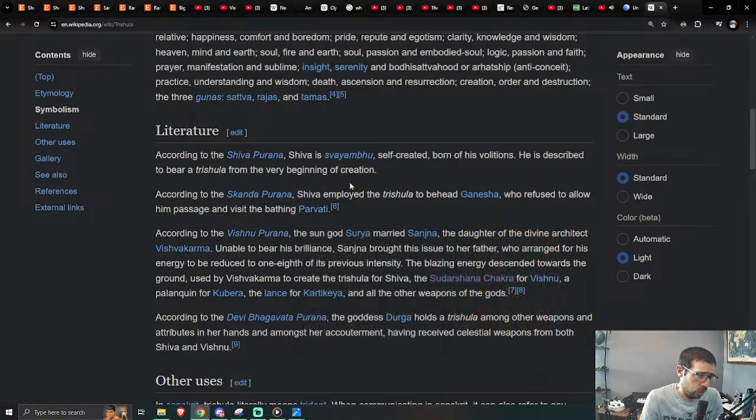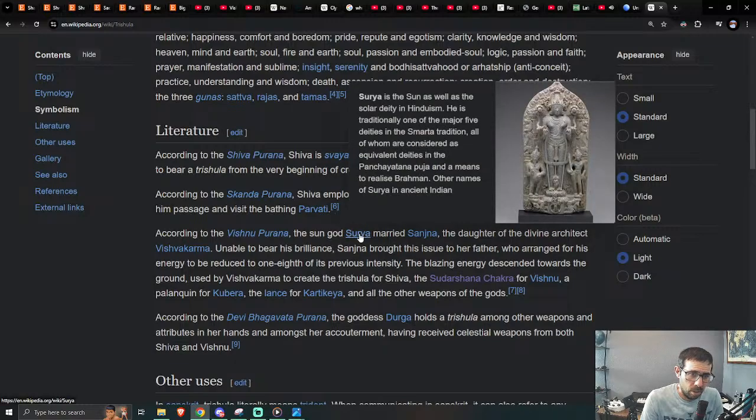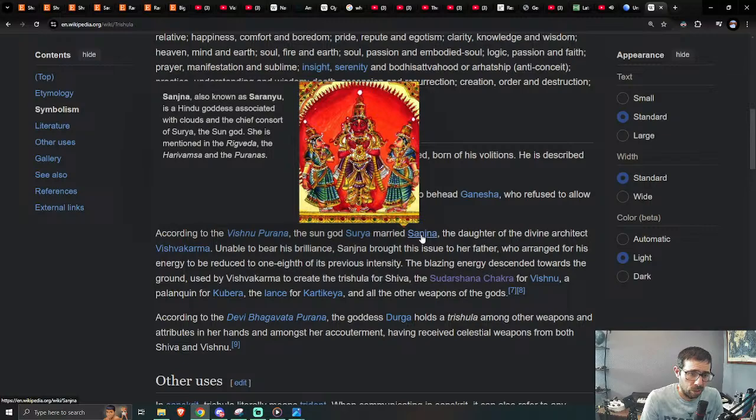According to the Vishnu Purana, the sun god Surya is the sun as well as the solar deity, married Sanjna, Hindu goddess associated with clouds and the chief consort of Surya, mentioned in the Rig Veda.